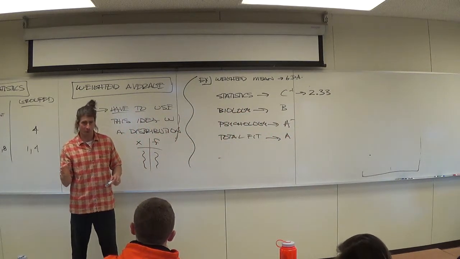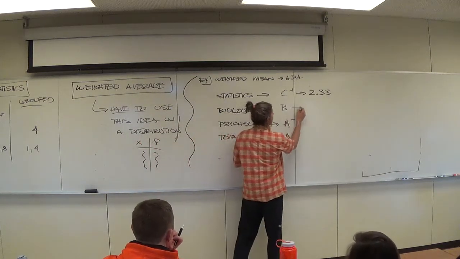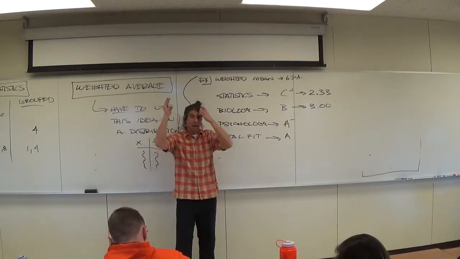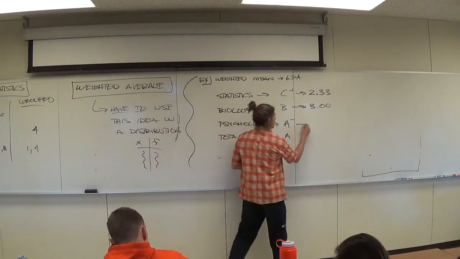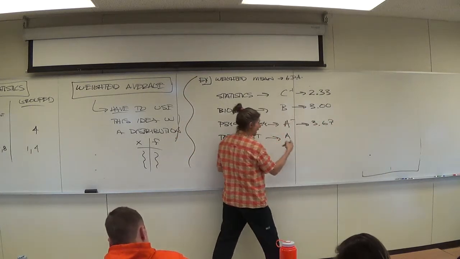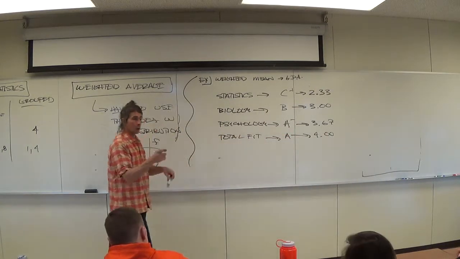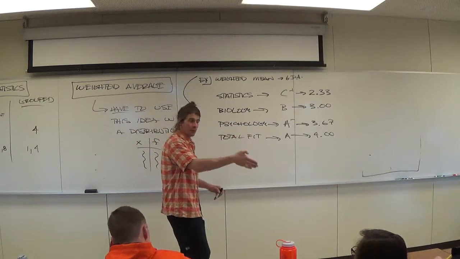Fair enough? A B would be just a 3.00. An A is a 4, an A minus is going to be a 3.67. And then this A for total fit is a 4.00.